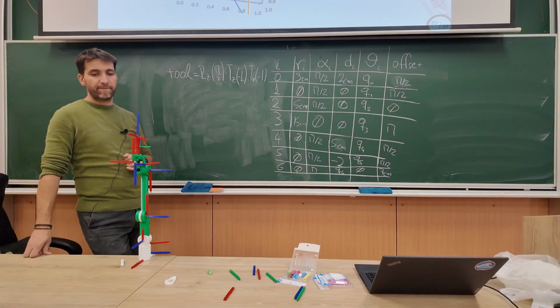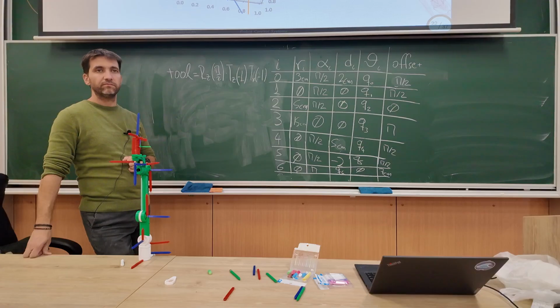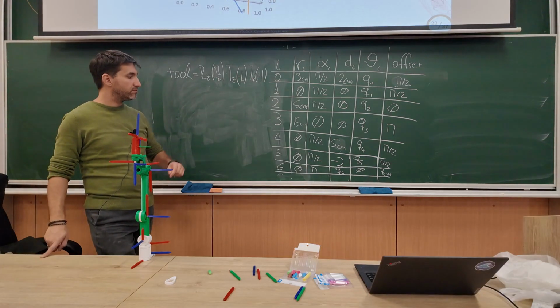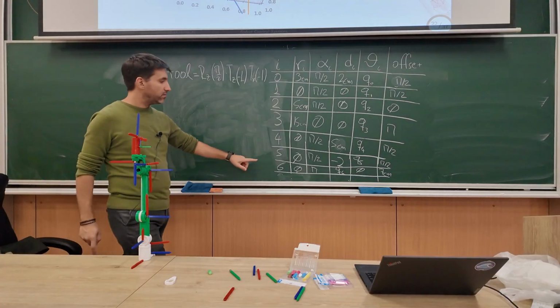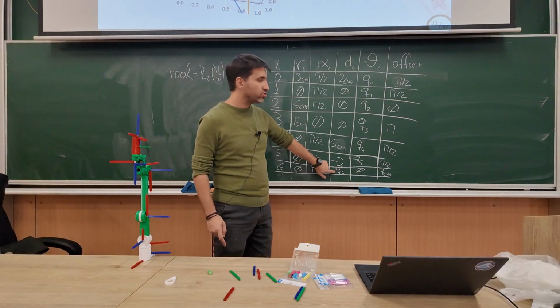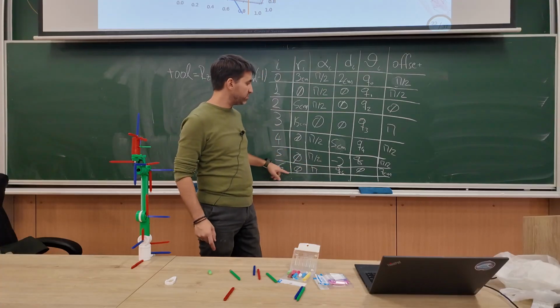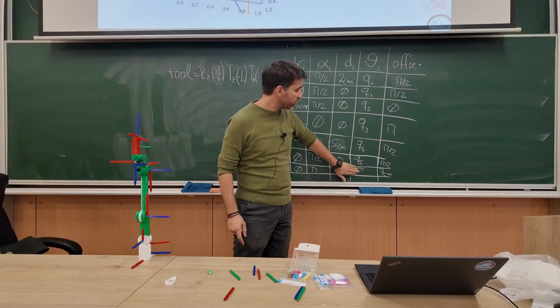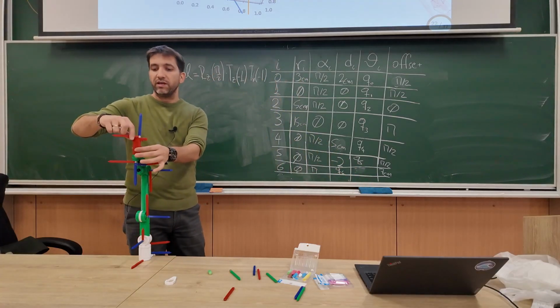What would have changed? The angle between them. Not Q6, Q6 is the distance between them, because it's prismatic. It was this angle, theta 6, which was 0 because it was like this.